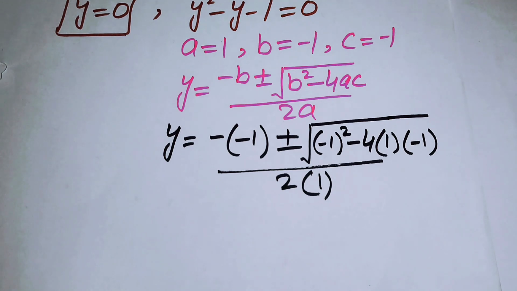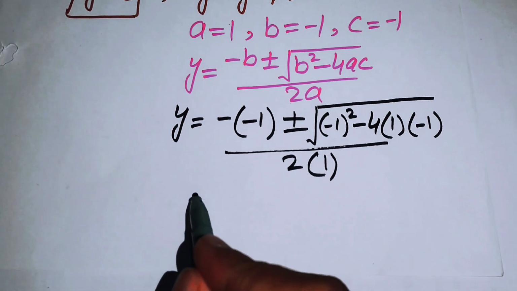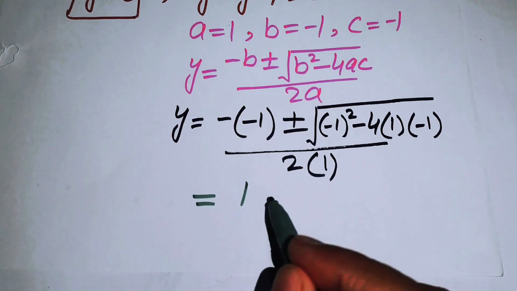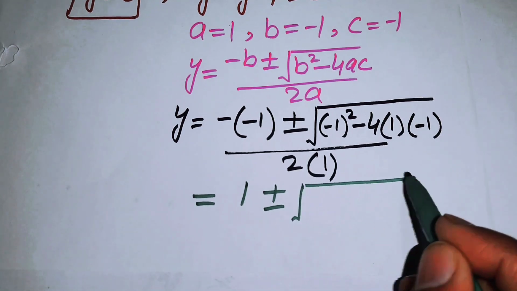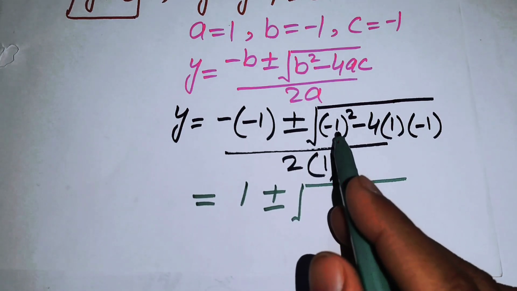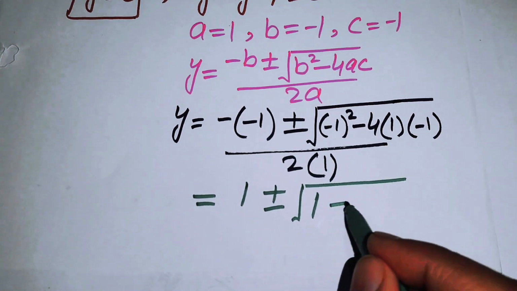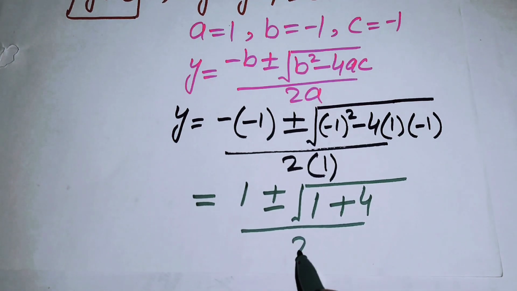So in the next step we need to do a little bit of simplification here, and we obtain, minus of minus equals plus 1, plus minus, here we have the square of minus 1 equals plus 1, and this minus of minus equals plus 4, and this whole over 2.